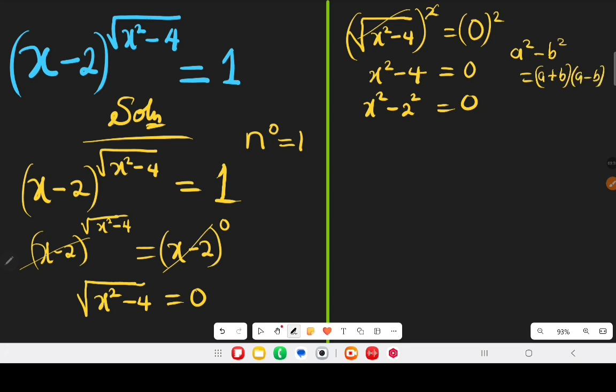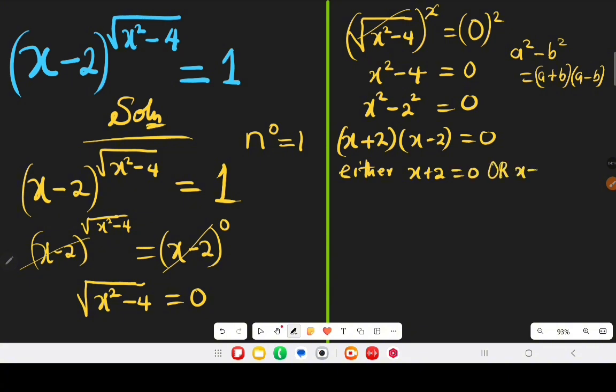So this expression will become (x + 2)(x − 2) equal to 0. Either x + 2 equals 0 or x − 2 equals 0. When 2 crosses the sign of equality it becomes −2, or x becomes 2. Therefore, x is equal to −2, 2 as the answer.